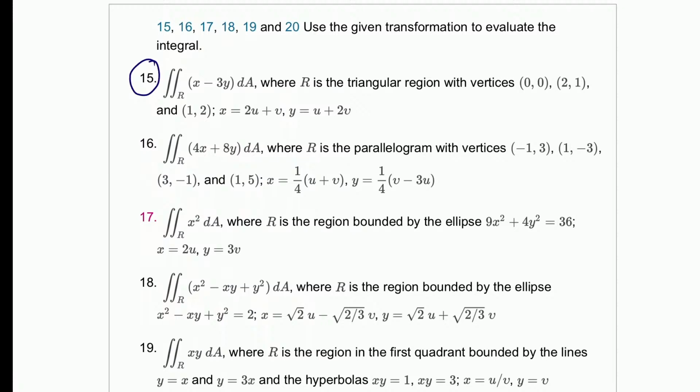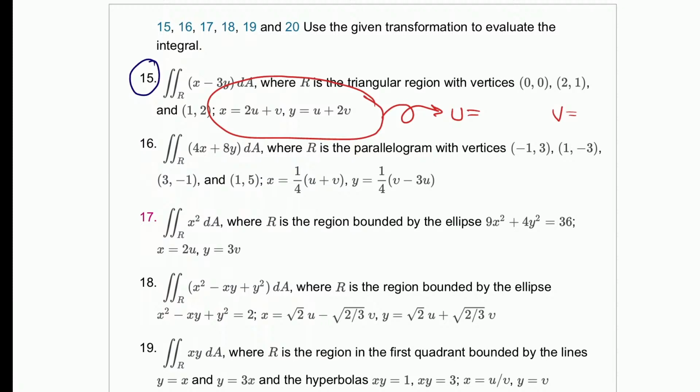So in each case, you're going to have to rewrite them so that u is equal to some function of x and y, and v is equal to some function of x and y. And that's just so that you can actually do the transformation. At least I find it useful. I don't know that there's a better way to deal with those.